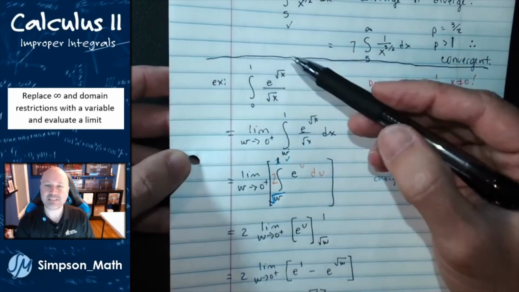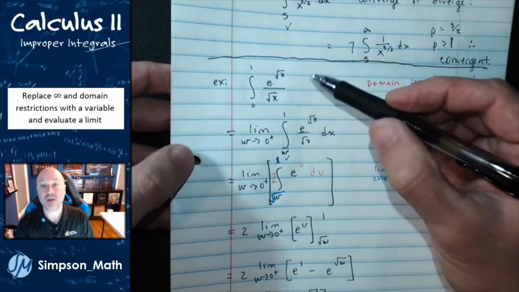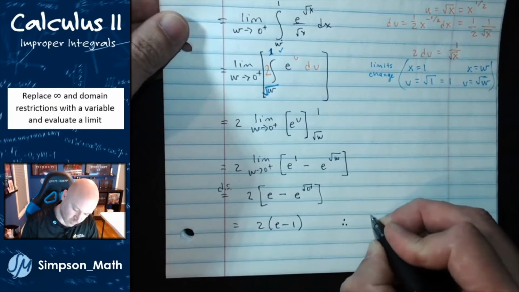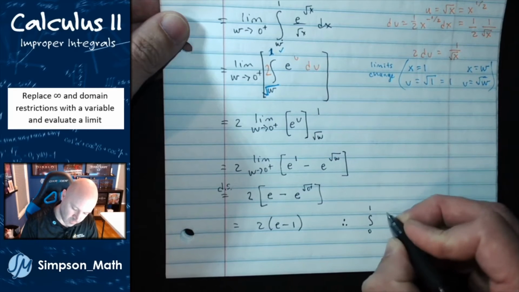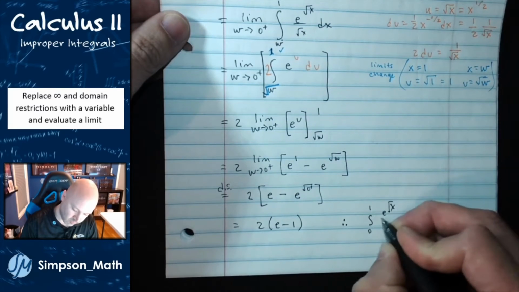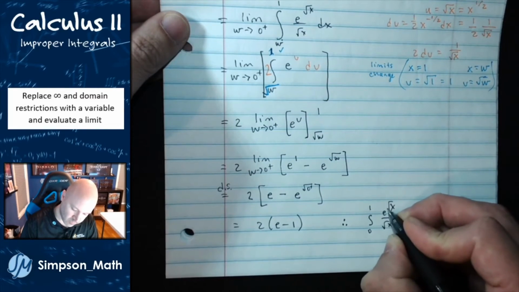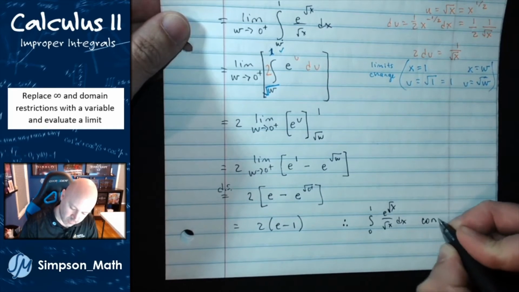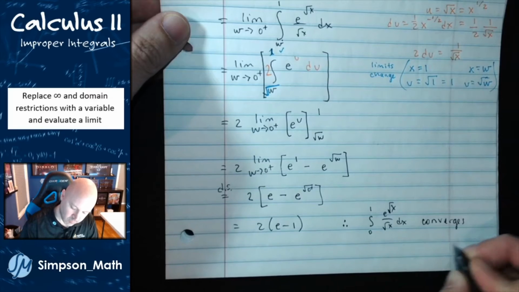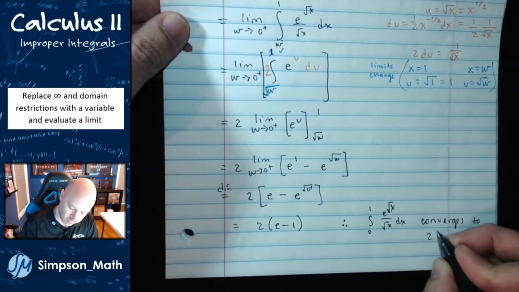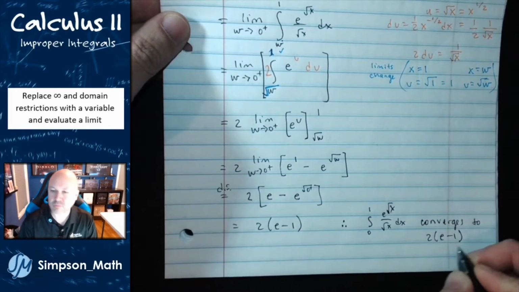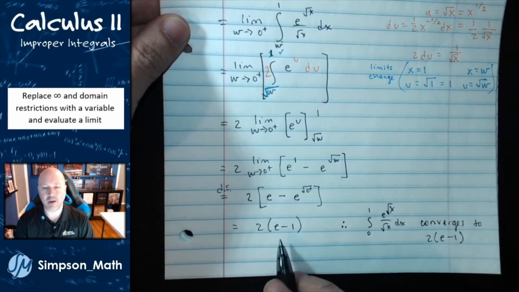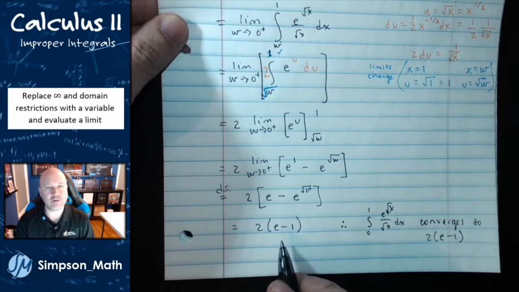So this integral does converge. That area does sum up, even though there's something weird going on at 0.